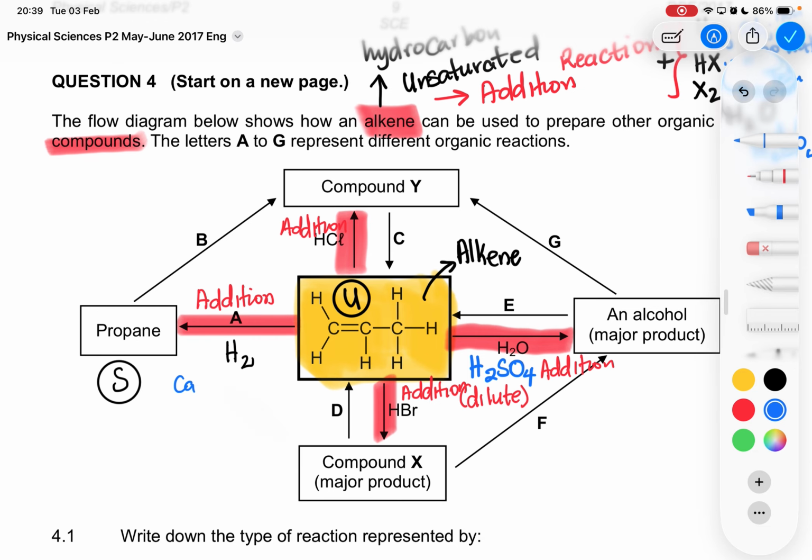We need a catalyst, and the catalyst is platinum. And we also need a non-polar solvent. And I mentioned you could be talking about CCl4 as the non-polar solvent.